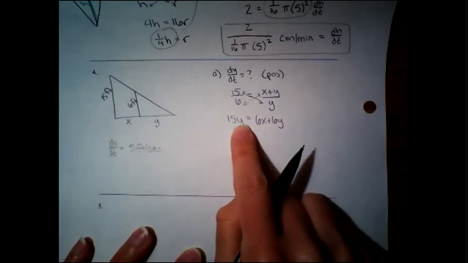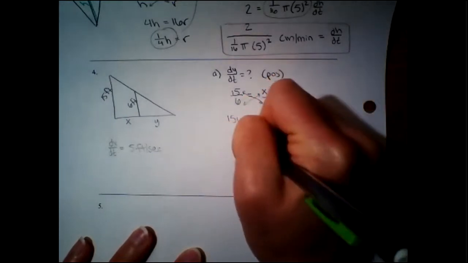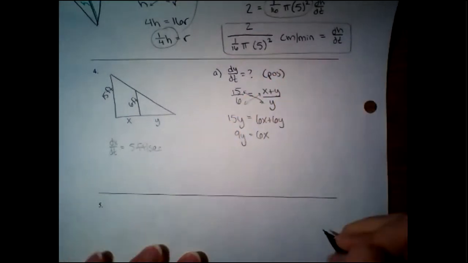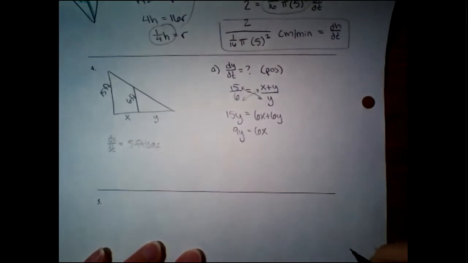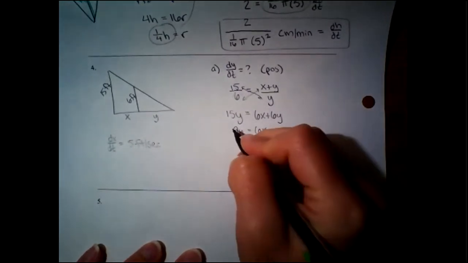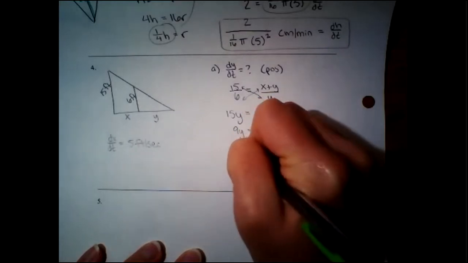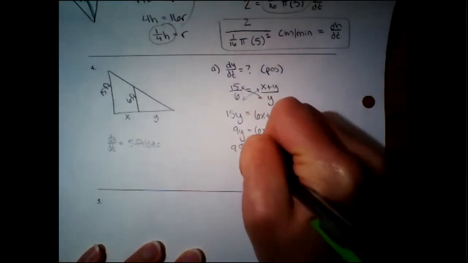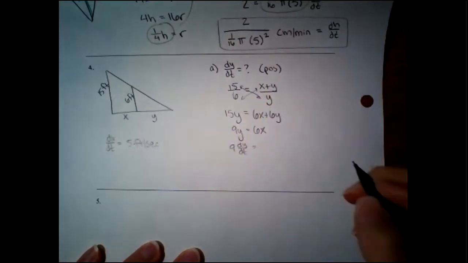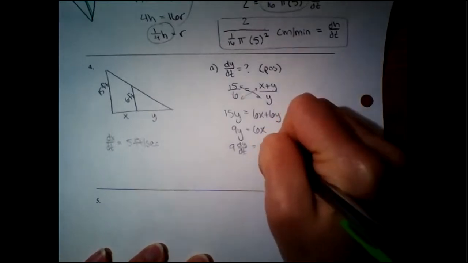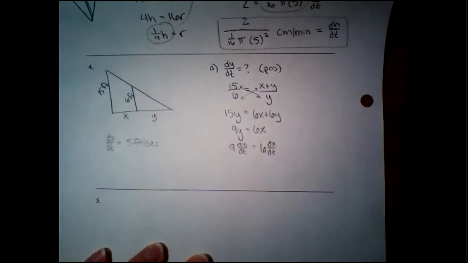So I'm going to subtract that over. We'll have 9y equals 6x. And so this is just about the easiest derivative ever. Derivative of 9y will be 9 dy dt. And derivative of 6x will be 6 dx dt. There's almost nothing to that derivative.